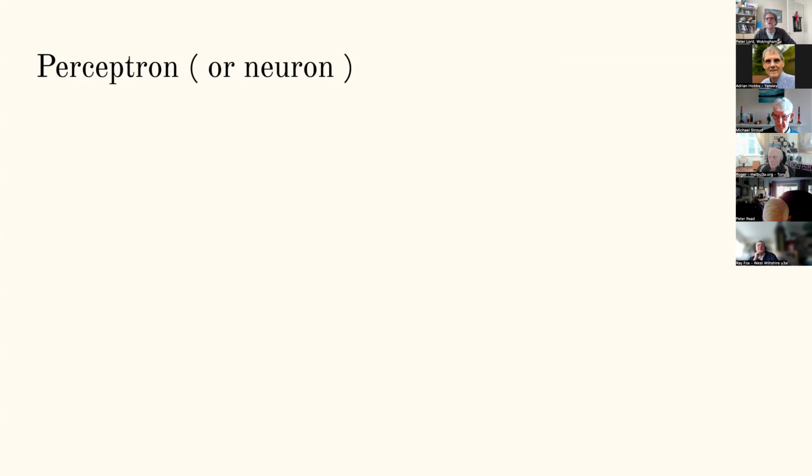So we start off with the basic building block of an artificial neural network, usually called a perceptron or neuron. Here's one of the things about this artificial intelligence field: there tend to be different words for exactly the same thing, which drives me nuts sometimes, but there we go.